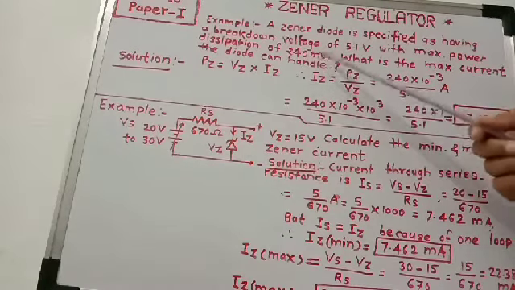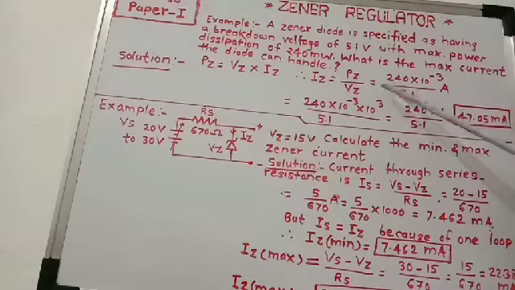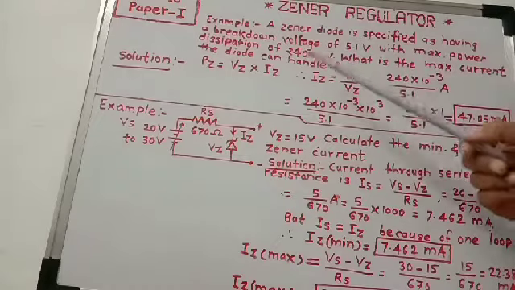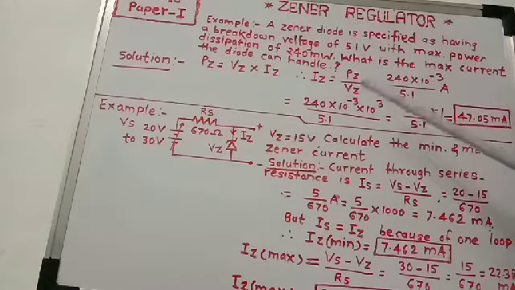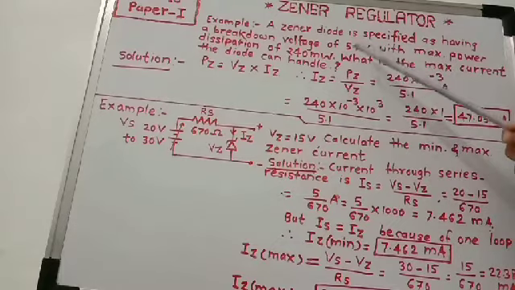So 240 milliwatt means 240 into 10 raised to minus 3 watt, divided by Vz, 5.1 volt. Now this power is converted into watt: 240 into 10 raised to minus 3 divided by 5.1.